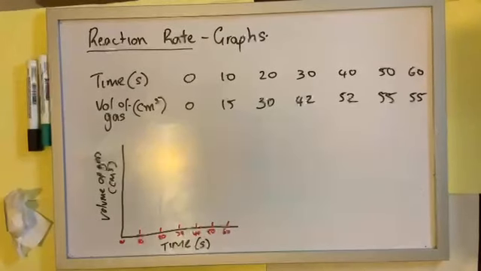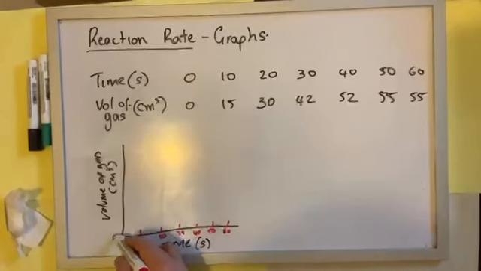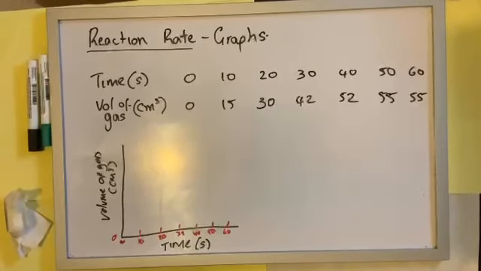And going up the side, we take the bottom number, which is 0, and the top number, which is 55. Again, we want it as large as possible, but it's a numerical scale, so it has to be properly spaced out. So in this case, we'd look at 0 to 60. That would fit it on.